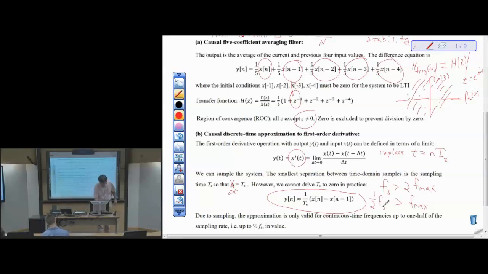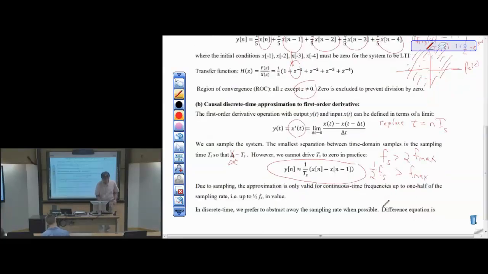Okay, so this is our very simple filter, and in discrete time, we like to abstract away any notion of continuous time if we can. We like to be as general as possible, so that we can send the discrete-time signal through any D to A conversion we want. So in practice, we like to get rid of dependencies on sampling time when we can.